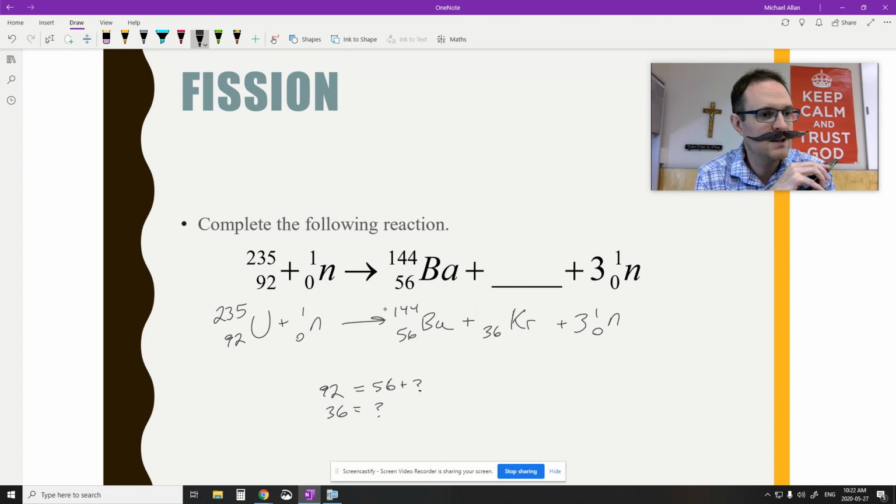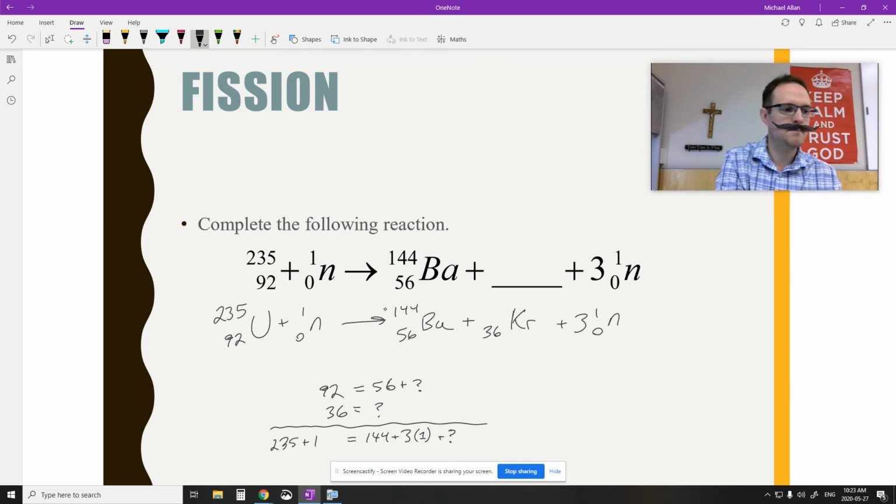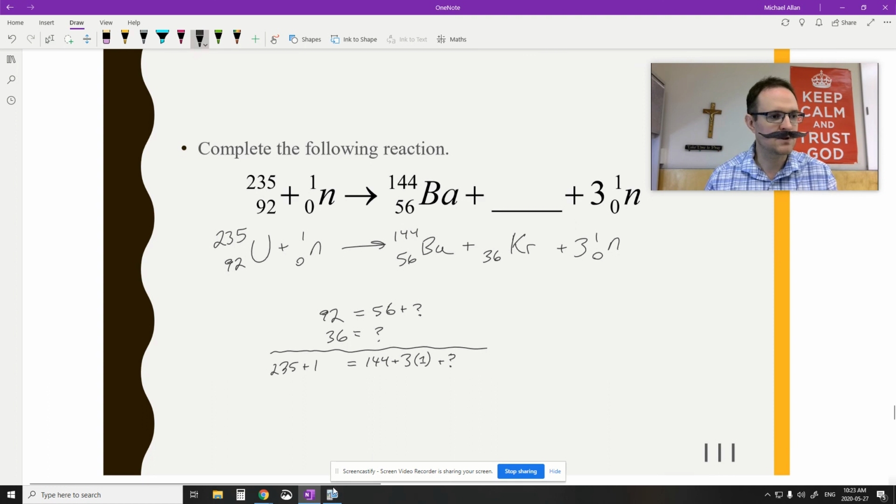Now, what version of krypton is this? What isotope is it? So we're going to look at the top numbers now. So I've got 235 plus 1. That's got to equal 144 plus 3 ones, because there's 3 of those, plus this question mark. Okay? So it's got to add up to 236.